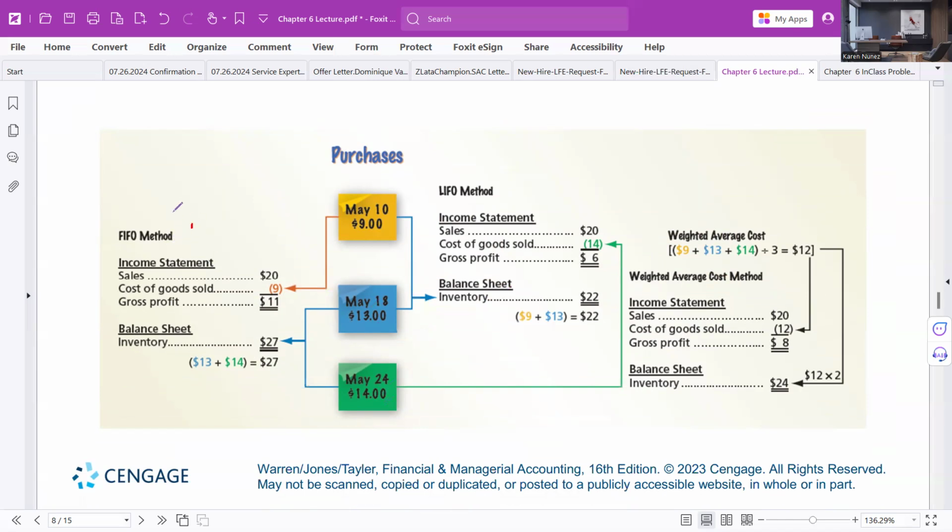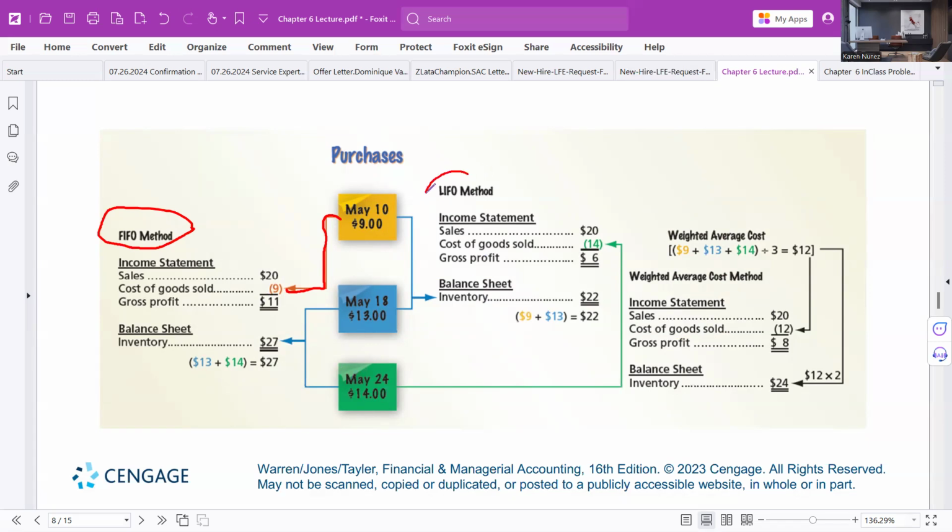If we were using the FIFO method, first in, first out to cost of goods sold, then the first cost in to inventory is the first one out to cost of goods sold. And the last ones would be in the ending inventory. That's how FIFO works. FIFO, first in, is the first out to cost of goods sold, and the last ones are in the ending inventory.